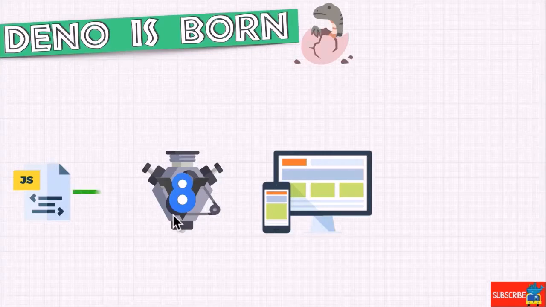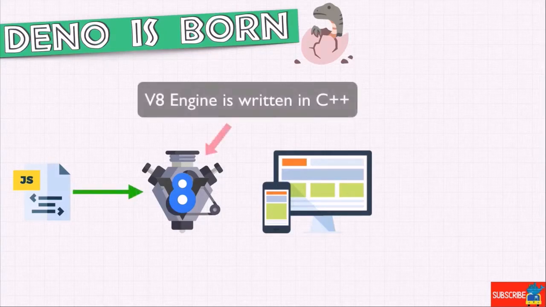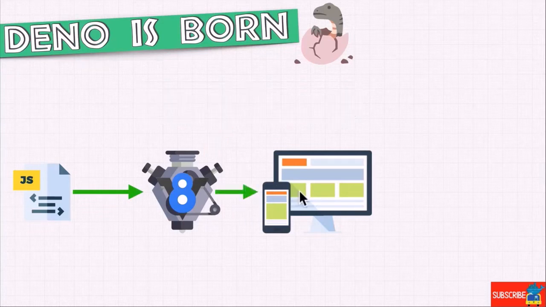It then gives instructions to the browser to say, hey, this person said to, I don't know, create a drop-down menu or submit a form or log in a user. The V8 engine is what understands JavaScript, and it turns our JavaScript code into what we call machine code, ones and zeros, to give instructions to the computer.